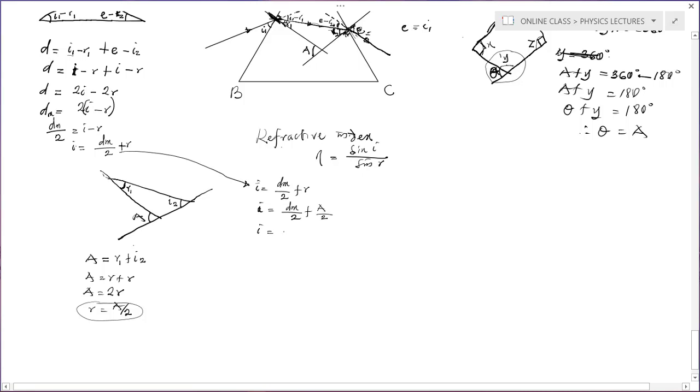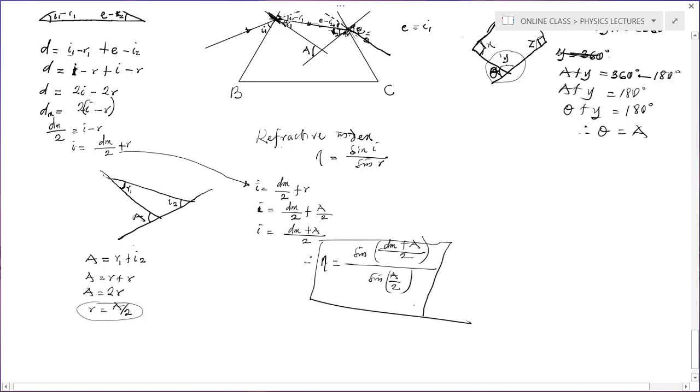That is why I will become dm plus A all over 2. Then we can now say that therefore the refractive index is equal to sine I, which is sine of dm plus A over 2, over sine R, which is sine A over 2. So this is the source of the formula, and that is the proof for you.